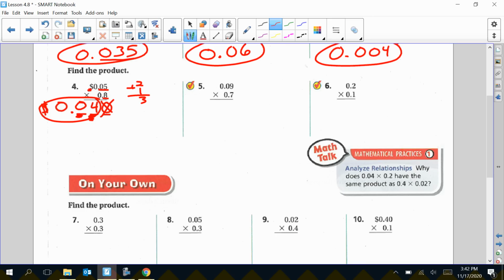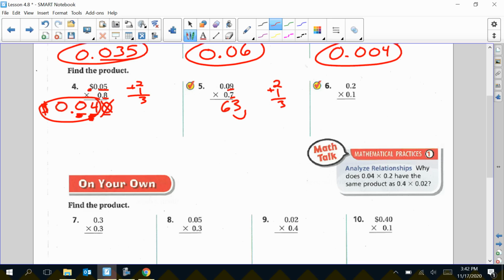Number 5, 7 times 9 equals 63. I'm just going to put my 63 down because there's no need to carry those digits to the next because there are a bunch of zeros. Two numbers to the right of the decimal, 1 in the bottom factor. Again, 3 places to the right of our decimal point.